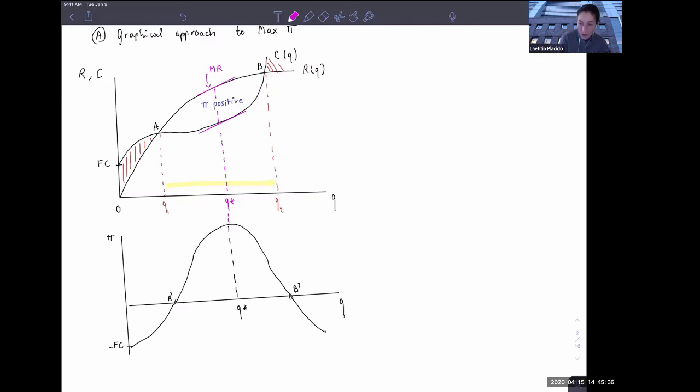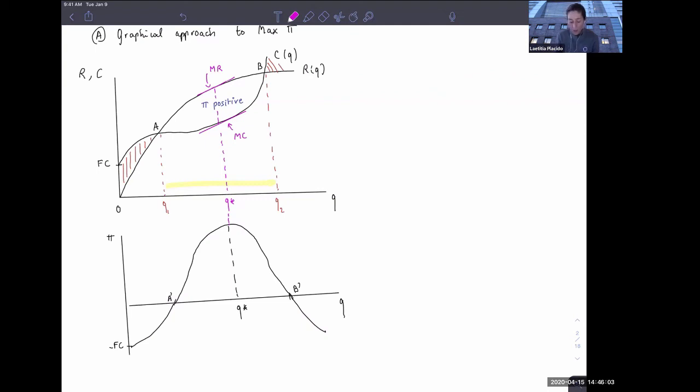Now let's look at our cost curve. How do we call the value of the slope here? Someone? Marginal cost. Marginal cost. Okay. What is a marginal cost? Well, it's the additional cost from producing one more unit of the good.